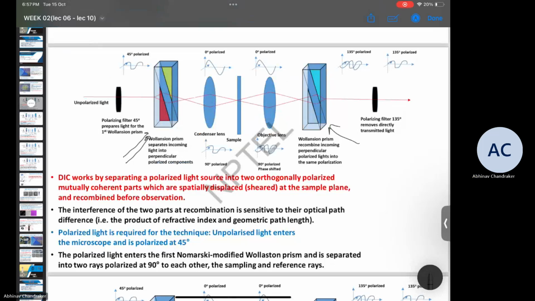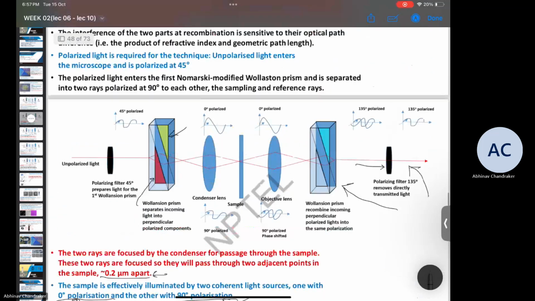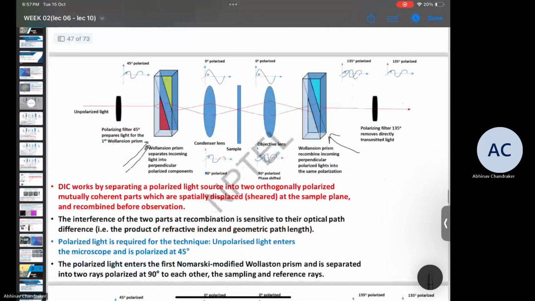So we have a Wollaston prism, which recombines the incoming polarized lights into the same polarization, and then we are able to get the image.